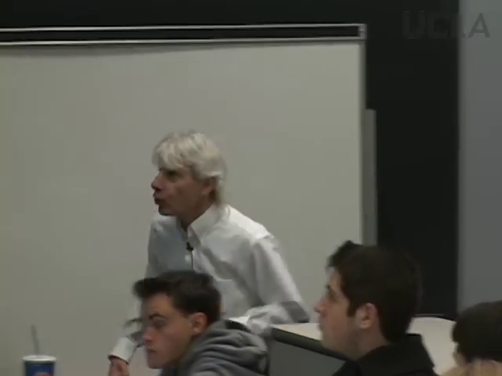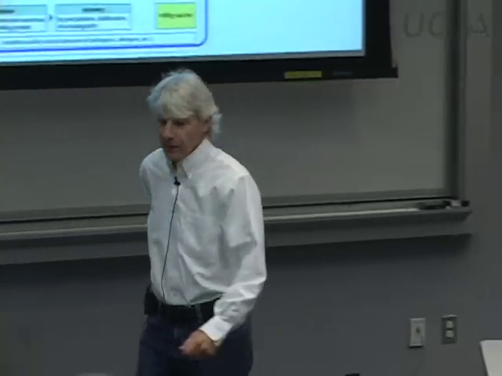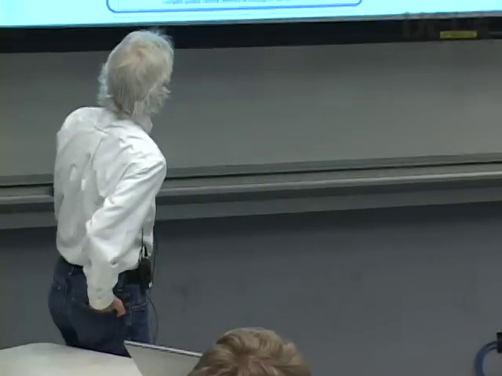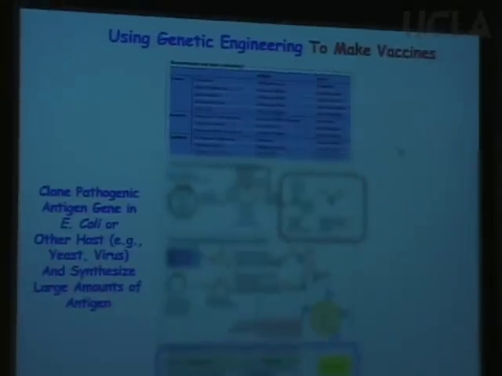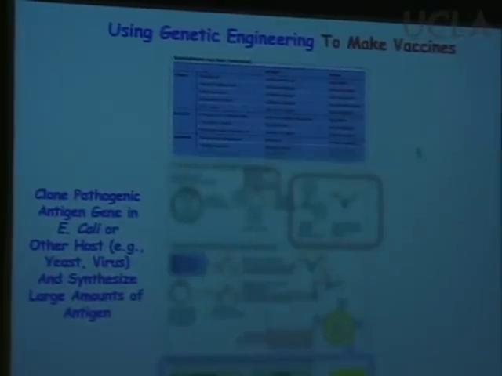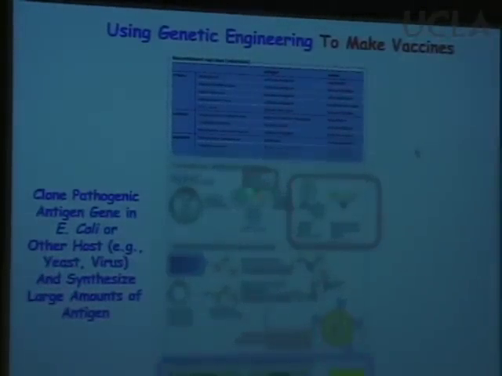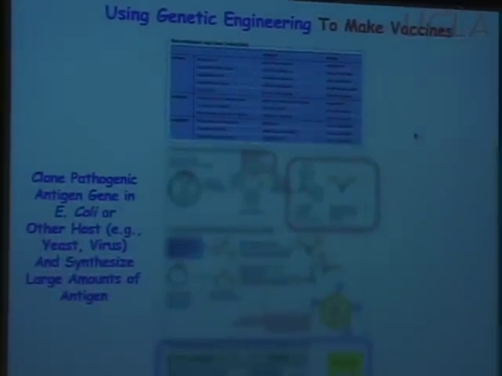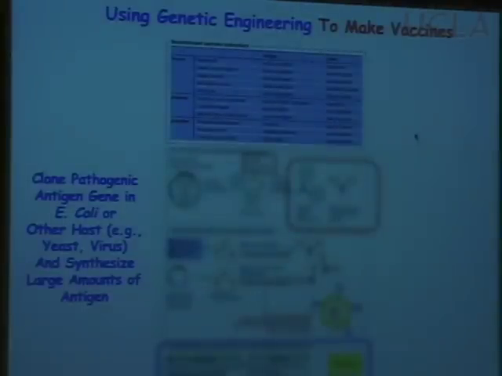A more common way is to engineer the protein that we want to immunize ourselves against in a harmless virus. And then a doctor infects you in their office with this recombinant virus that has the particular gene that encodes the antigen that you want to be protected against.